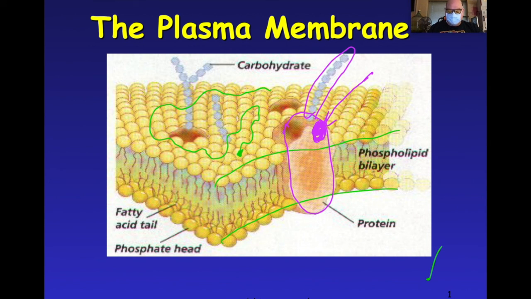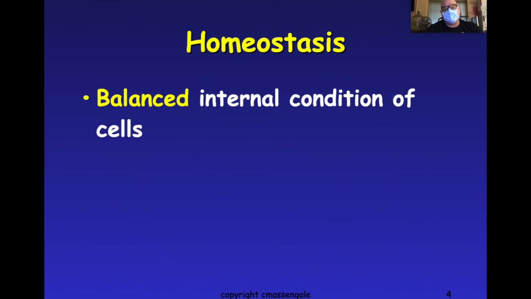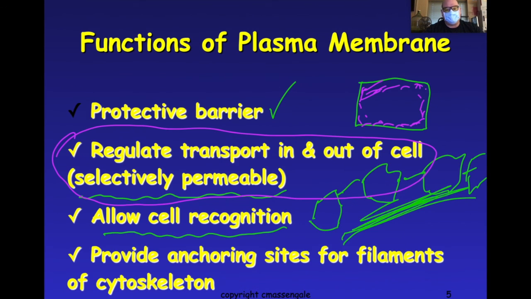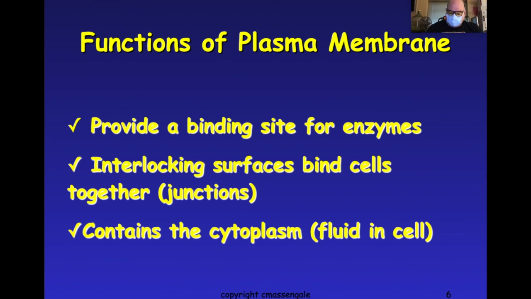So we want to really kind of understand that the cell is covered in switches. And those switches are proteins that float in the membrane and allow the cell to change its job, its function, based on what's happening around the cell. So that's what we're talking about here.